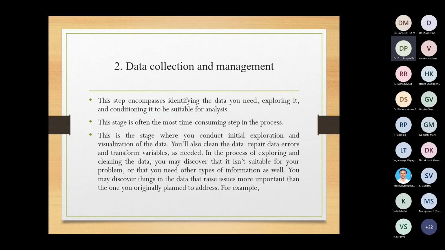Exploring the data, mostly you can use statistical methods. You can use R programming and Python. We all know that both are open source data analysis languages. But R is best for statistical analysis, and Python is better suited for machine learning algorithms.